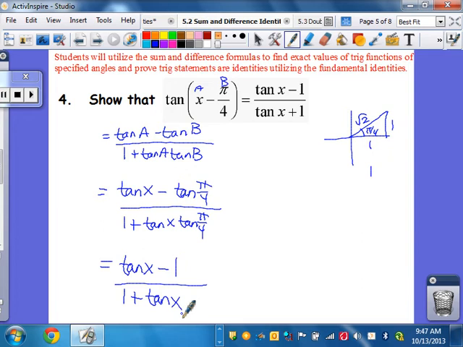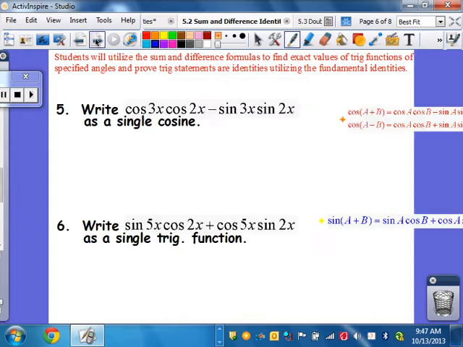Now, does that look very, very similar to what I need? Yes, because with an addition sign, I can move those around. Okay, so I could write this as tangent x over 1 over, and I could just switch the order, and then it looks exactly the same. All right, smiley face there.